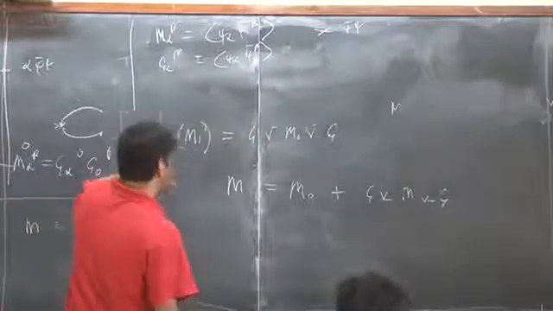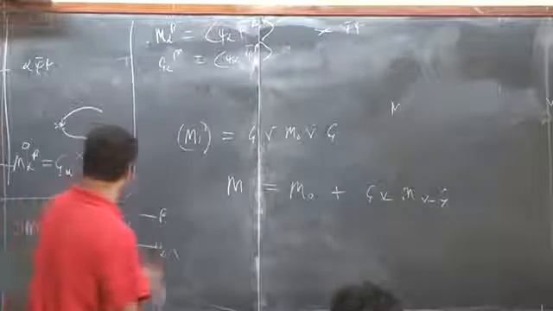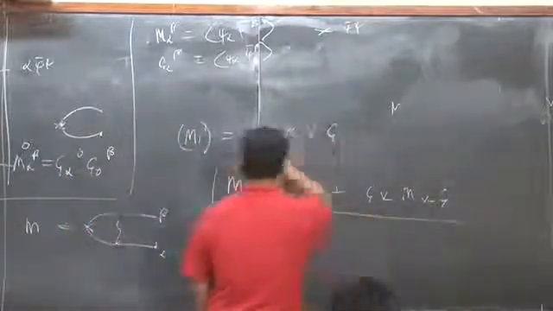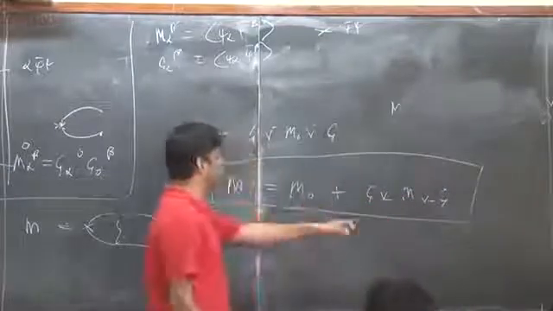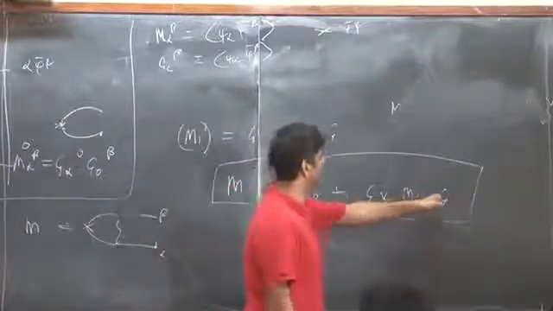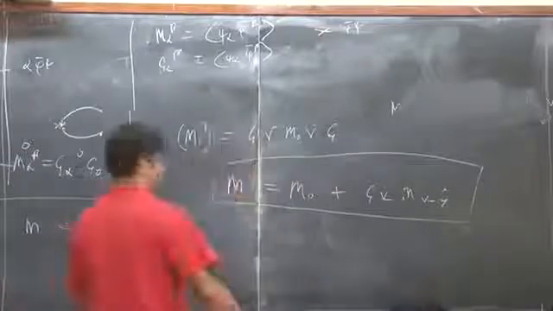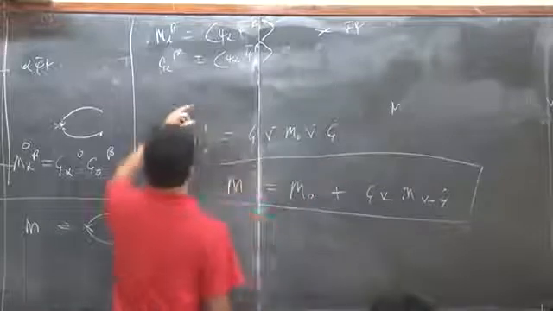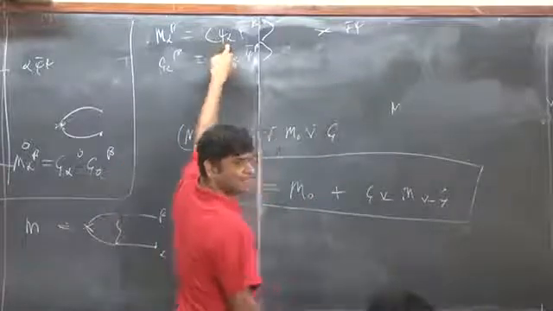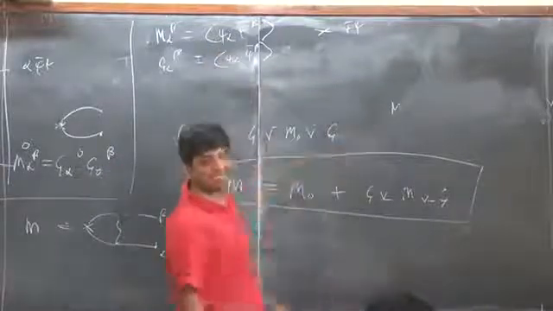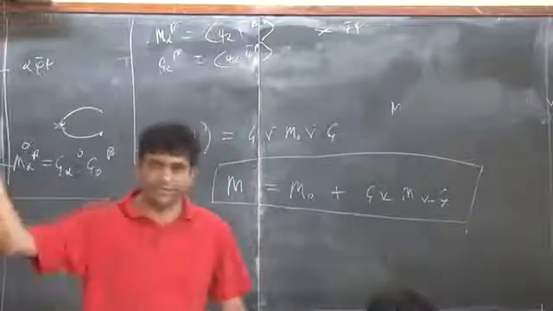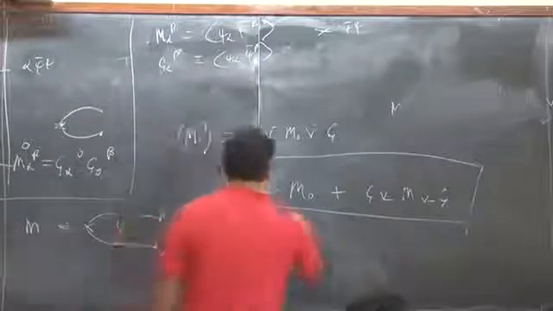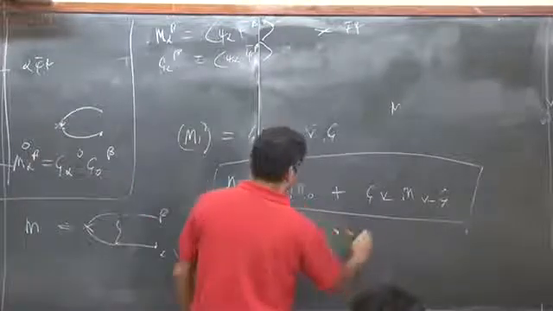With these definitions, it's not difficult to convince oneself that the right structure of the integral equation is this: m is equal to m0 plus G gamma m, gamma minus G. That's the right index structure where multiplication is just by matrix multiplication, where you treat the lower index as the first index and the upper index as the second index. It's just straightforward matrix multiplication of this object, where an m0 is just G times G.